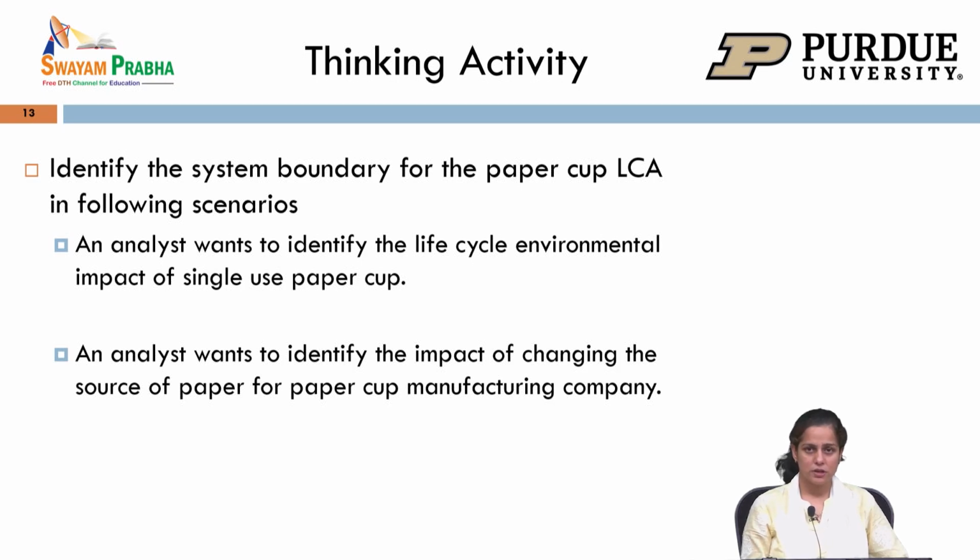Here the first analyst wants to identify the life cycle environmental impact of a single use paper cup. The second analyst has a more specific goal. They want to identify the impact of changing the source of paper for a paper cup manufacturing company. So, go ahead and draw the system boundary for these two LCAs or the goals defined, and then we will quickly go through the answers.